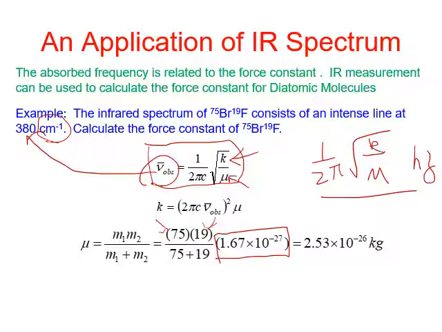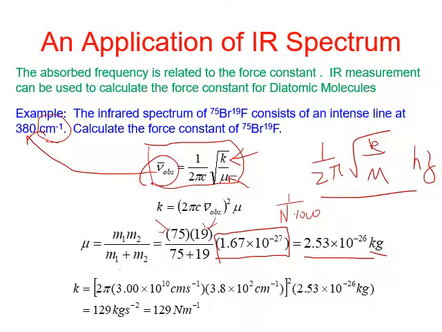All right, you can also divide by Avogadro's number and divide by 1000, as we showed in the last example, and that gives you 2.53 times 10 to the minus 26 kilogram per molecule. So plug in the equation, so k can be calculated, which is 129 Newton per meter.